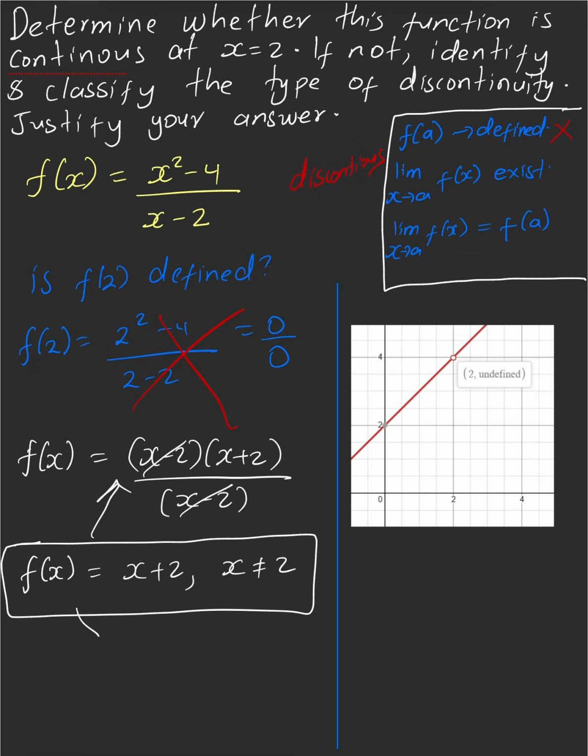But we can use this to find the limit. We care about how it's behaving as we're approaching 2, not the behavior at 2. So in order to find the limit here, we can go ahead and do direct substitution. So we'd have the limit as x approaches 2 of f of x. If we directly substitute, we'd have 2 plus 2, which will be 4. So the limit exists and it equals 4.